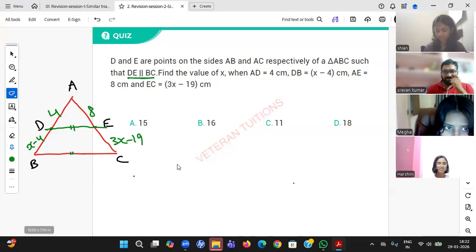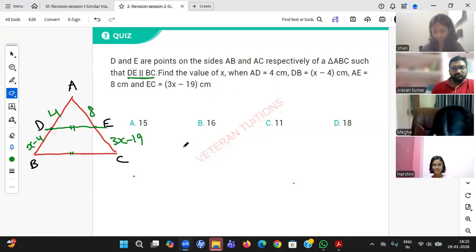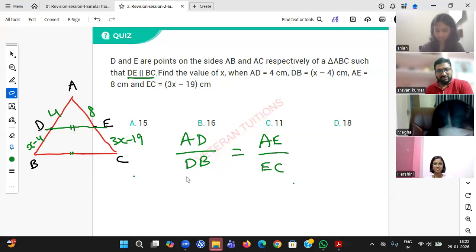Okay, Ankita got some answer. Very good, Ankita. Harshini's answer and Ankita's answers are matching. Yes, Karthik right answer, Rujita right answer, Narendra right answer.